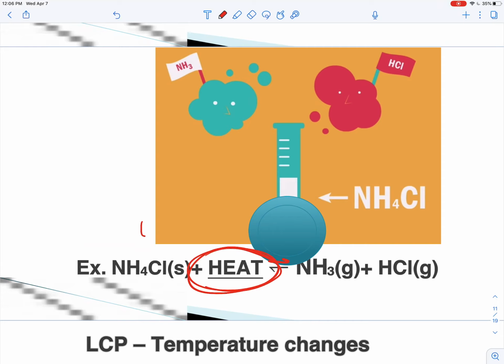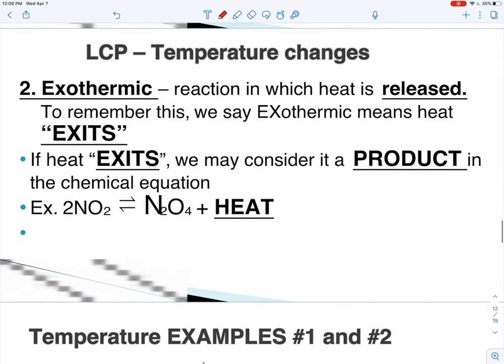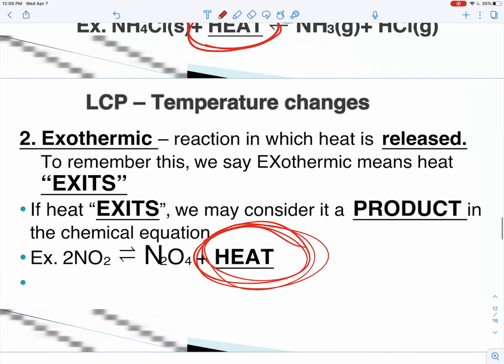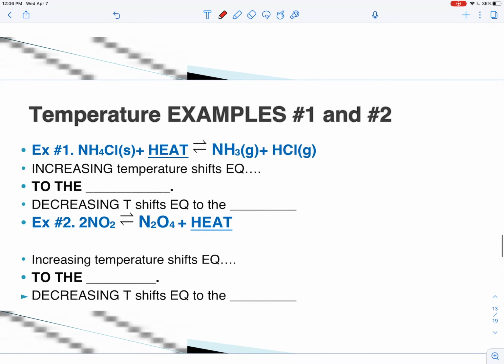It's on the left side of the equation here, right, because this is endothermic. We need heat in order to break down this chemical, NH4Cl. Exothermic is the opposite. If it's an exothermic reaction, then heat will be written on the right side. Okay, and we consider it a reactant if it's on the left, a product if it's on the right side.